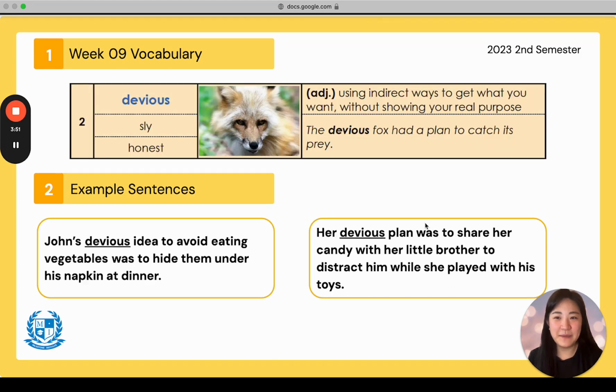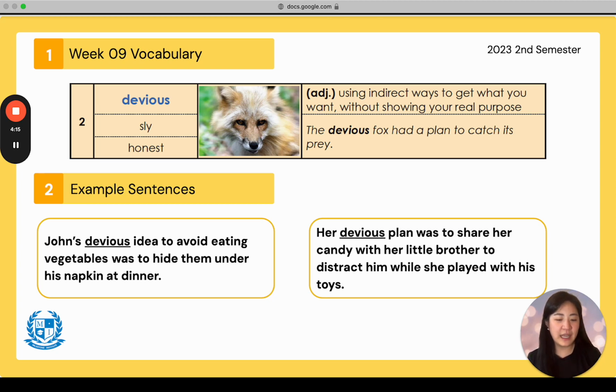Let's move on to number 2. Devious. Everyone say devious. The synonym is sly, and the antonym is honest. The part of speech is adjective, and the definition says using indirect ways to get what you want without showing your real purpose.